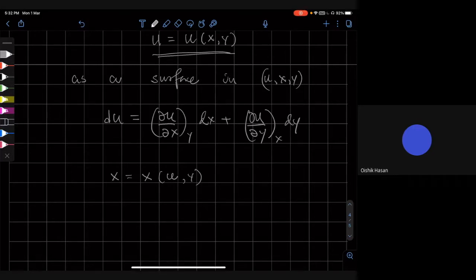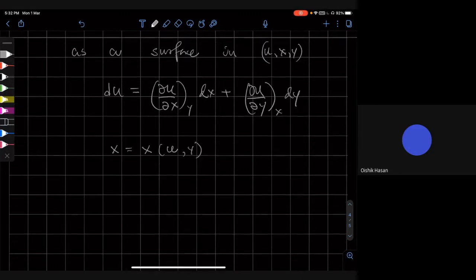So what we're doing is that we can play with what is the dependent variable and what is the independent variable. So if I do this, then I can again use the same analysis.